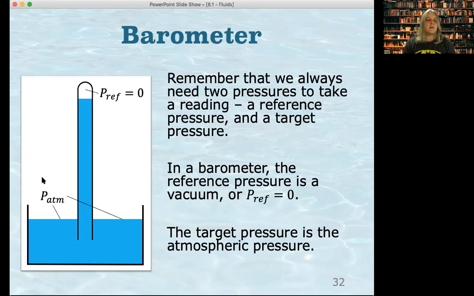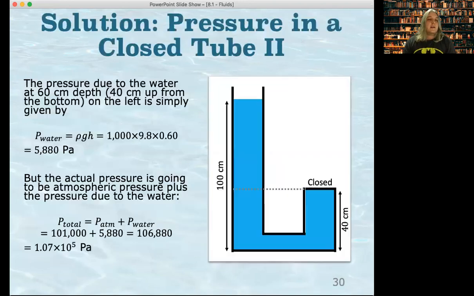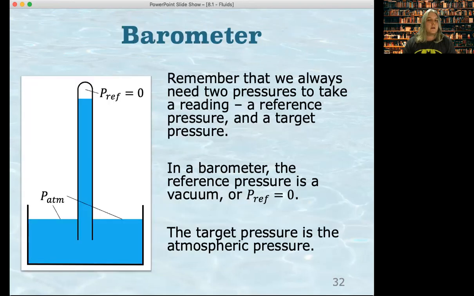The outside, though, is exposed to the environment, to atmospheric pressure. That means we've got atmospheric pressure pushing down out here on the outside area.